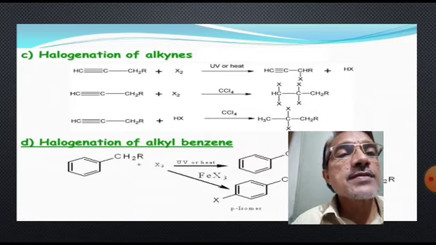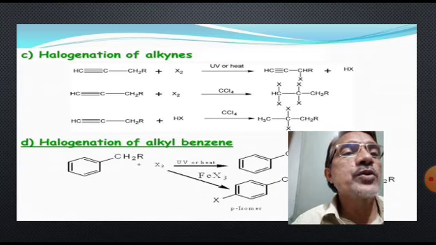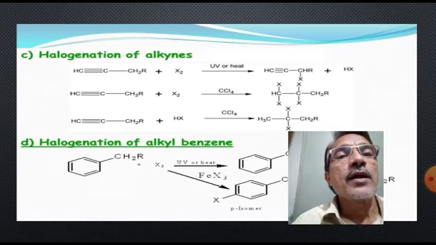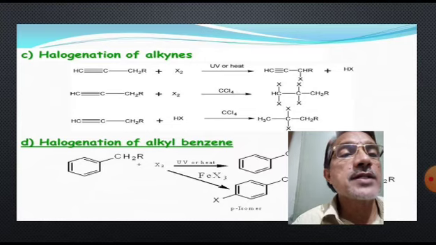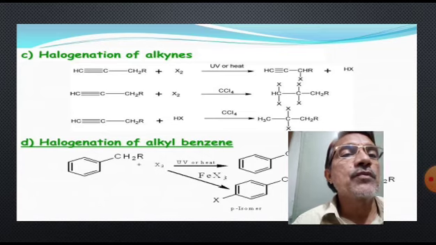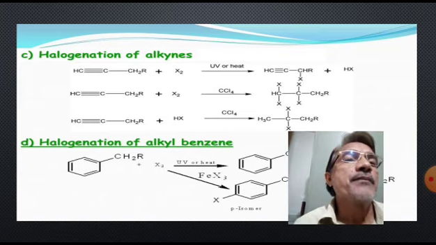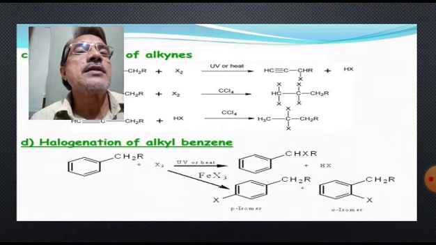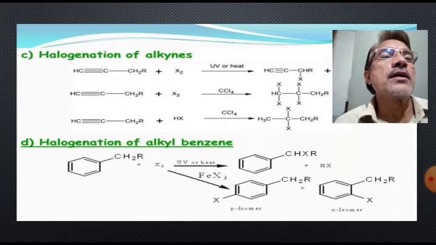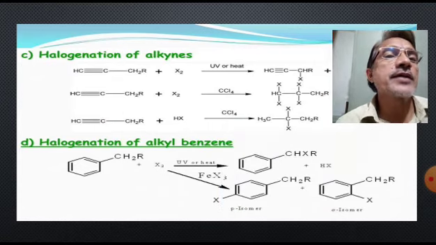In the presence of CCl4, a different product is obtained, that is 1,1,2,2-tetrahaloalkane. And when an alkyne reacts with hydrogen halide in the presence of CCl4, it gives 1,1-dihaloalkane.